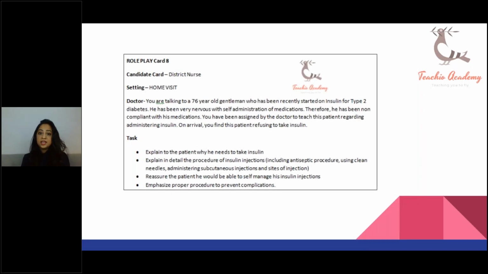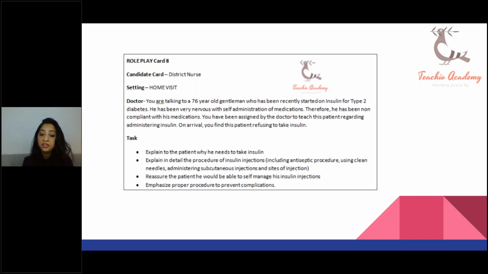So this is an example of how this scenario might appear. The scenario is that you're talking to a 76-year-old gentleman who has been recently started on insulin for type 2 diabetes. He has been very nervous with self-administration of medications. Therefore, he has been non-compliant with his medications.